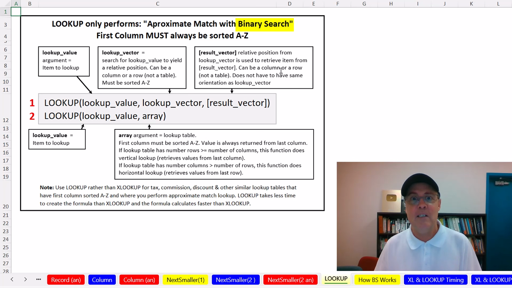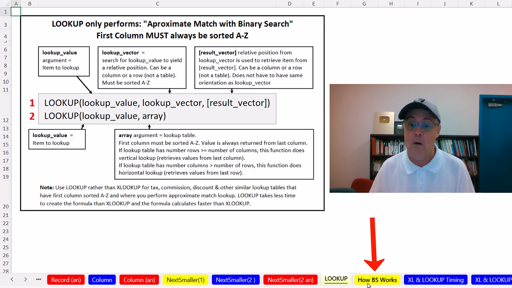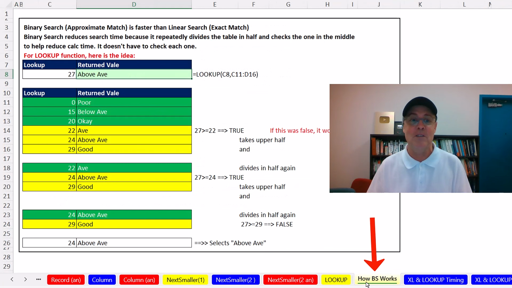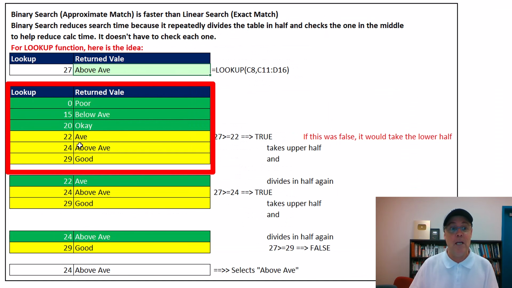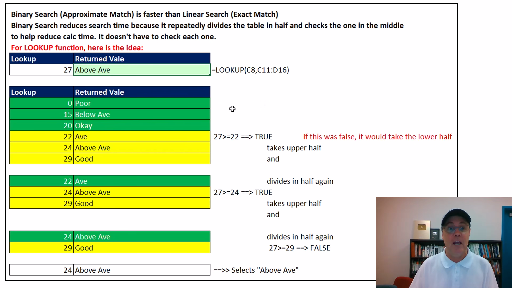And the way it does that is with a binary search. If we go over to how binary search works, it actually takes a lookup table, and instead of checking every single one, it alternatively splits the table, checks the value against the lookup value.